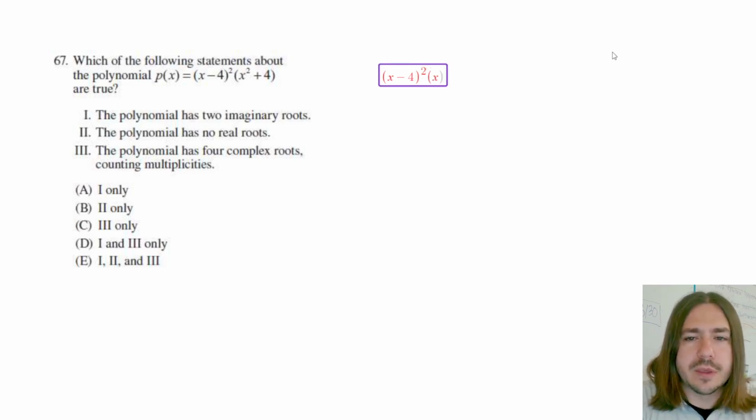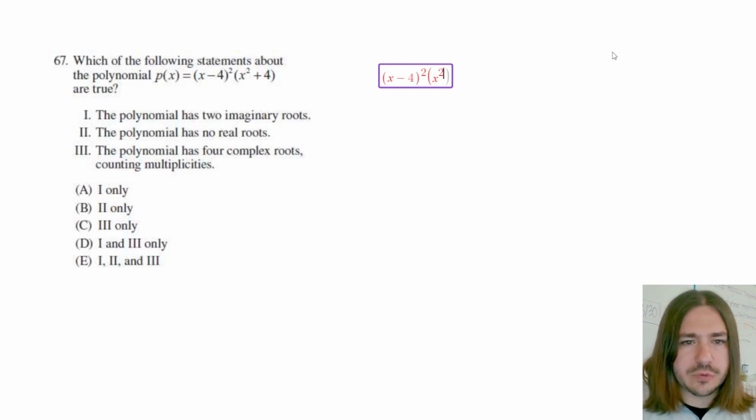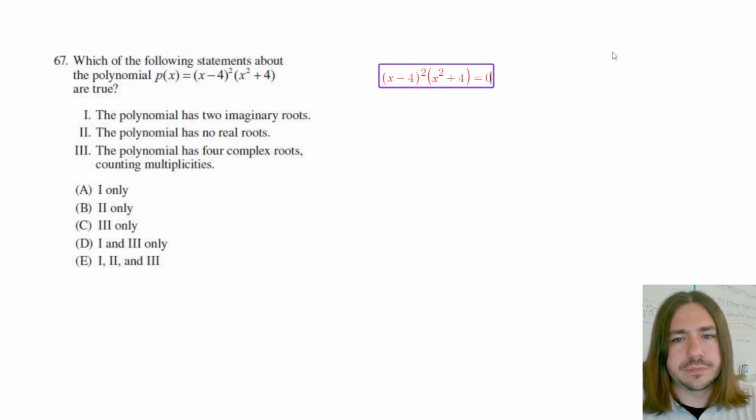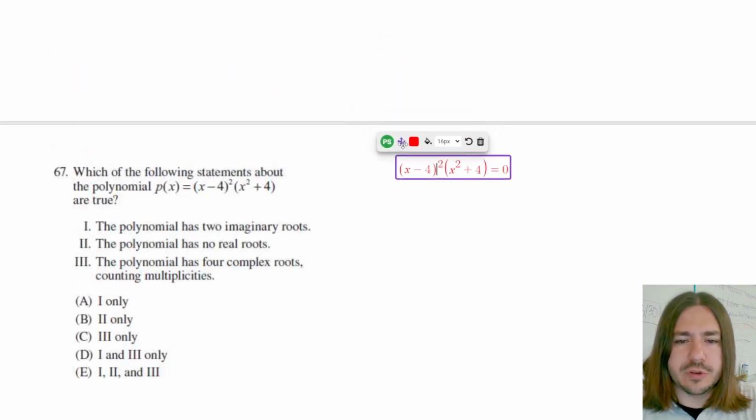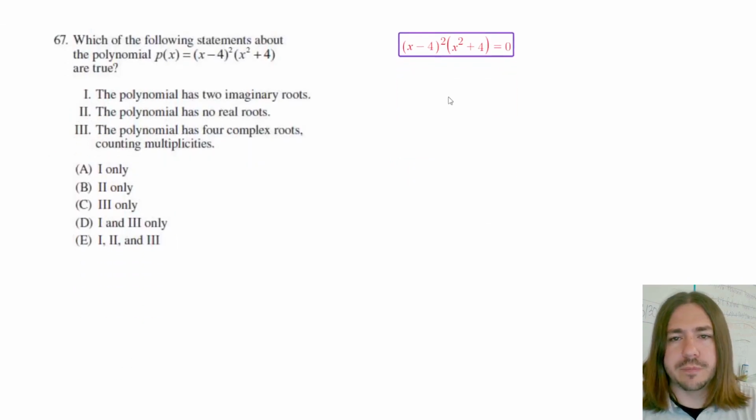Okay, so I'm going to go ahead and just retype the polynomial here, set it equal to 0, and solve this. Notice that this polynomial is already in factored form, so I can use the zero product property.